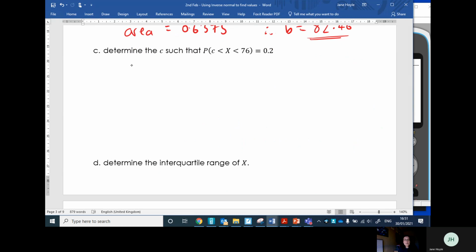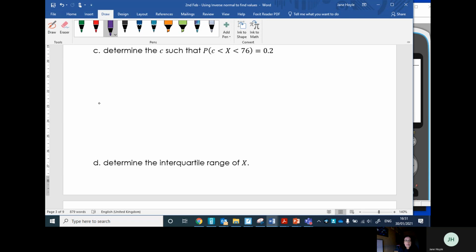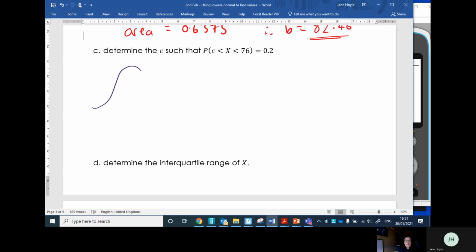So determine the value of C such that the probability between C and 76 is equal to 0.2. So first, sketch.